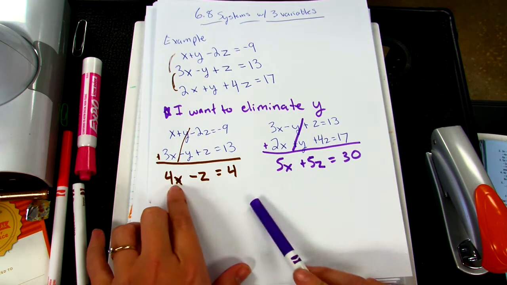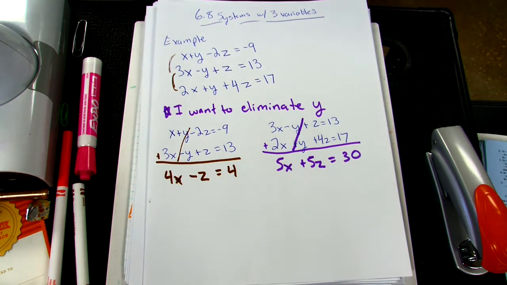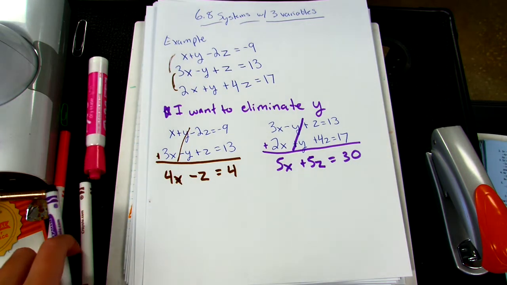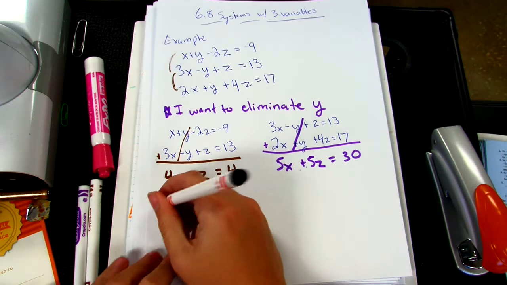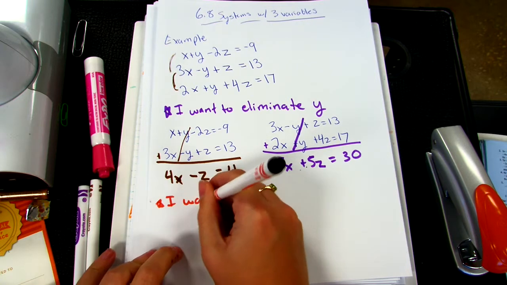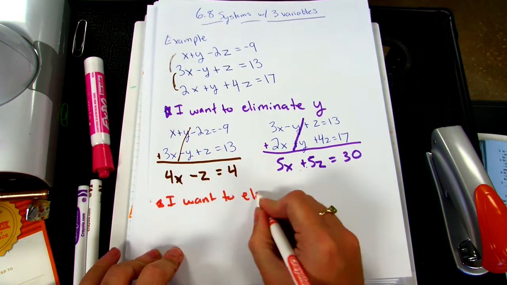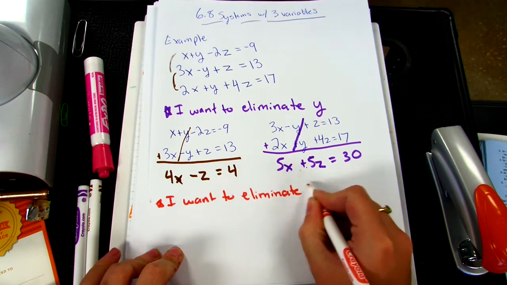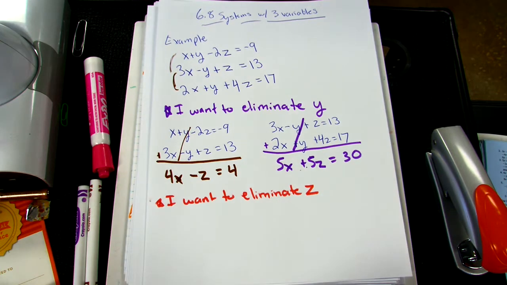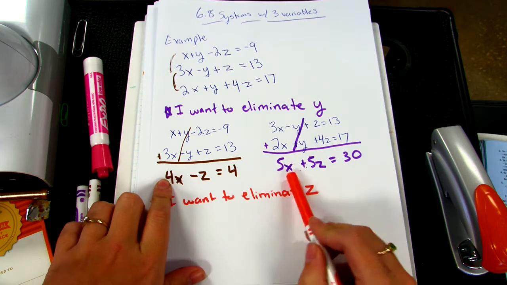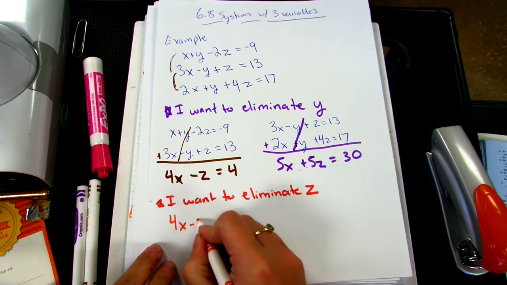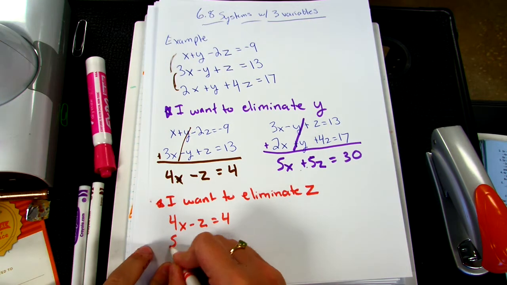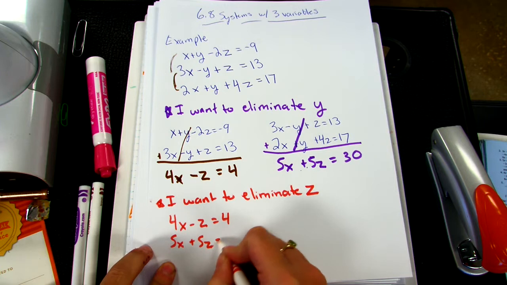It's your choice what you want to eliminate, x or z. I'm going to choose to eliminate the z because I already have a negative and a positive. So I have 4x minus z equals 4, and I have 5x plus 5z equals 30. That's my new system.